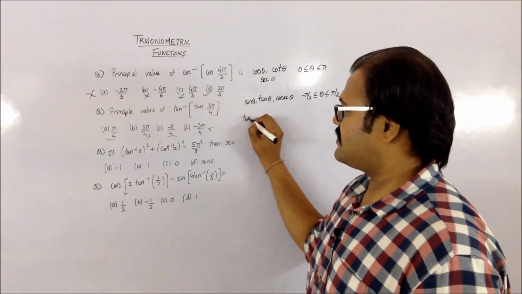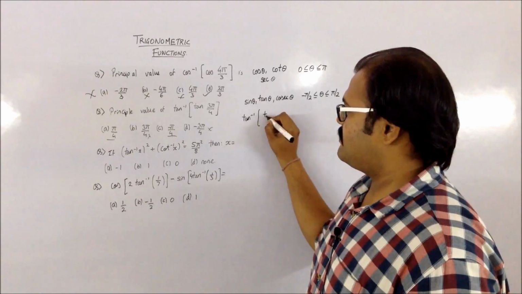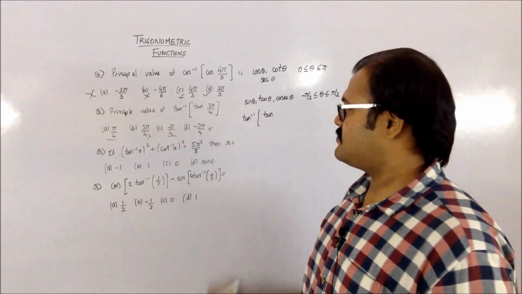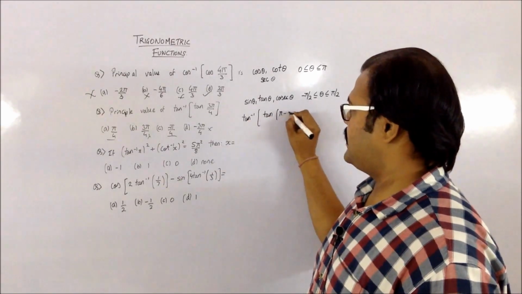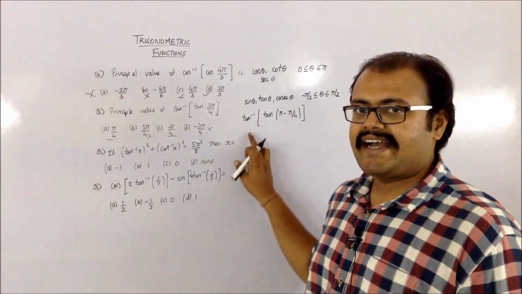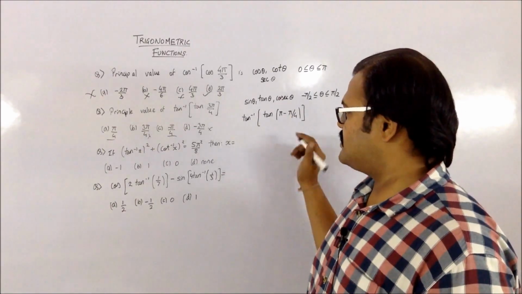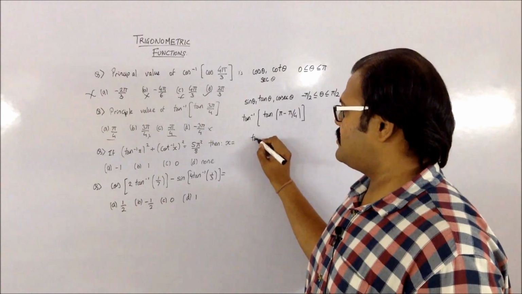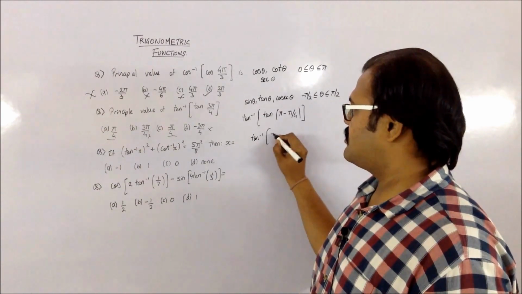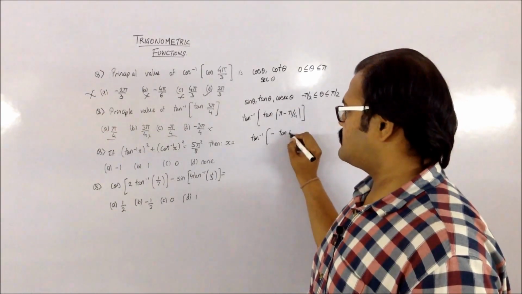So let's write it. I can write tan of 3 pi by 4 as tan of pi minus pi by 4. Now tan inverse of tan of pi minus pi by 4 will have the value of tan inverse of minus tan pi by 4.